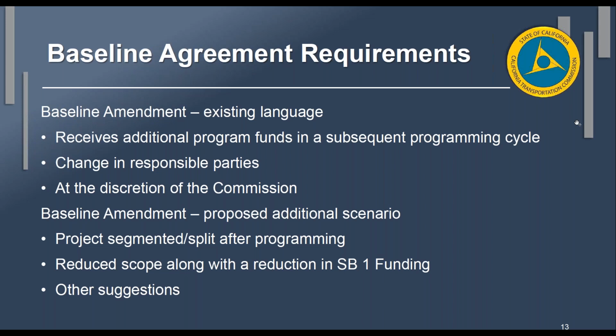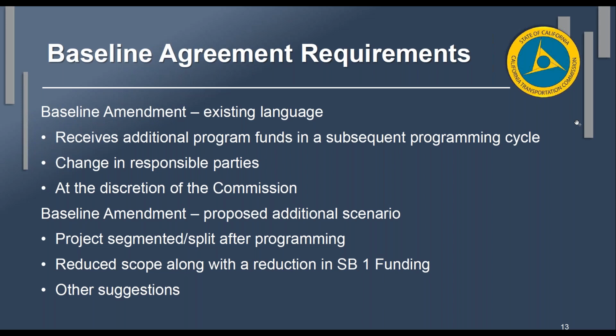Then the second part of this is we're proposing to add 2 more scenarios to the guidelines because we've had these 2 things happen often. And so we're going to add language that says a baseline amendment is required when a project is segmented or split after programming. And also if we have a reduced scope along with a reduction in SB1 funding, we're going to need to do a baseline amendment.